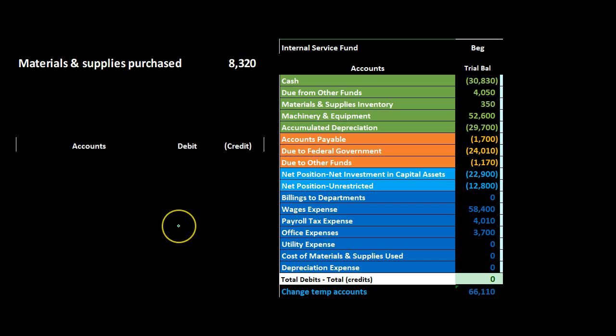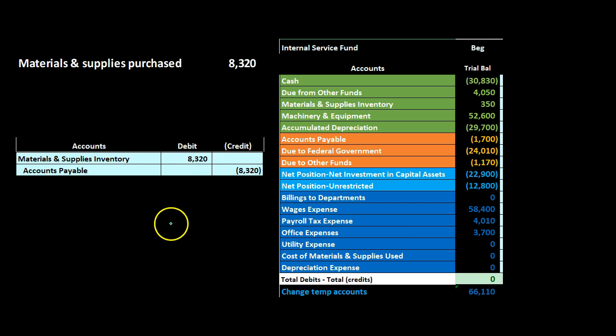Next transaction, we've got the materials and supplies purchased. We're going to treat that on an accrual basis more like we would inventory, in that we're going to put it on the books as an asset, and then count them at the end of the time period and make the adjustment at that point. So we're increasing the materials and supplies inventory, the asset account.